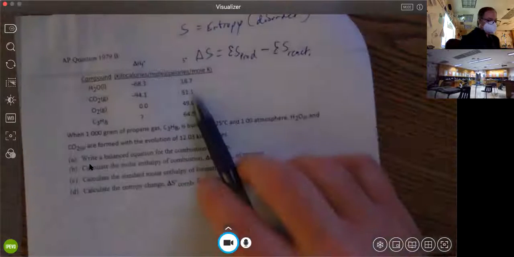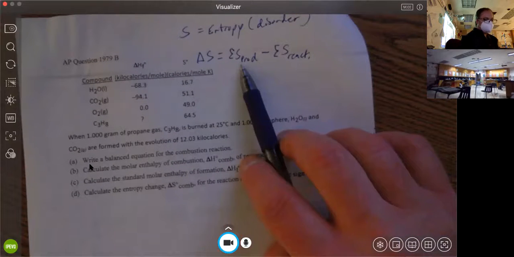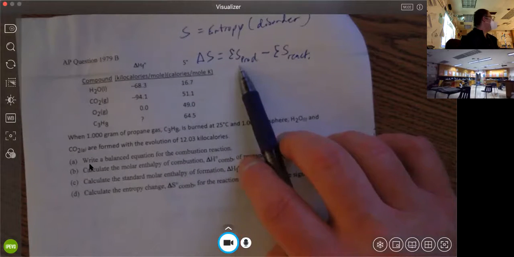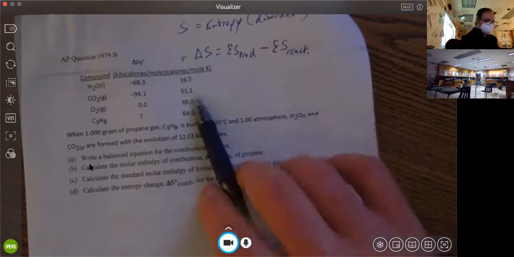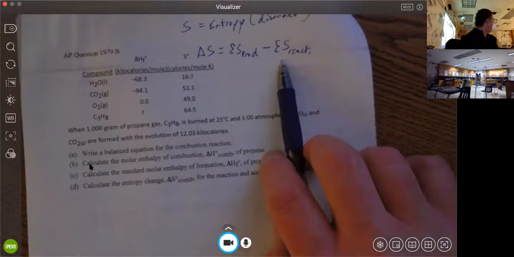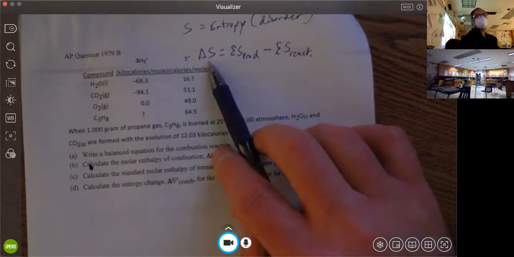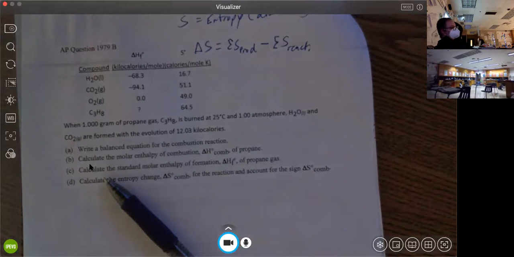So if you take the entropy of all the products and you figure out how disordered they are, you subtract how disordered the reactants were, you can find the change in entropy. If the change in entropy is positive, it's going toward more disorder, which is actually favored in the universe. If the entropy is negative, it's somehow gotten more organized.